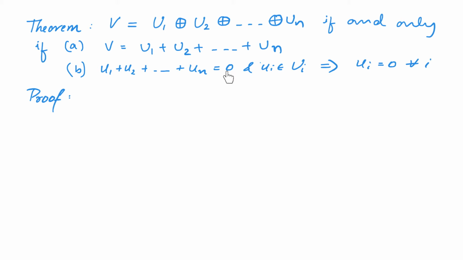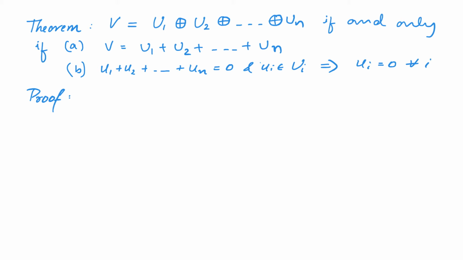Now, one way of expressing 0 is 0 plus etc. up to 0. Thus, if there is only a unique way of expressing 0 as a sum u1 plus u2 plus u3 plus etc. up to un, then that implies that each ui has to be equal to 0. And that completes the proof of one direction.